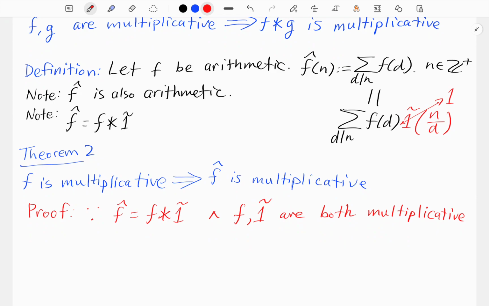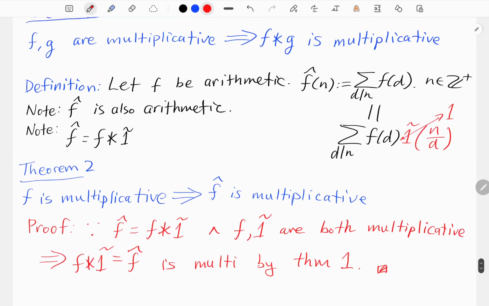So f and 1 tilde are both multiplicative. Then we have that f star 1 tilde, which equals f hat, is multiplicative by theorem 1. Okay, so it's not too hard to prove.